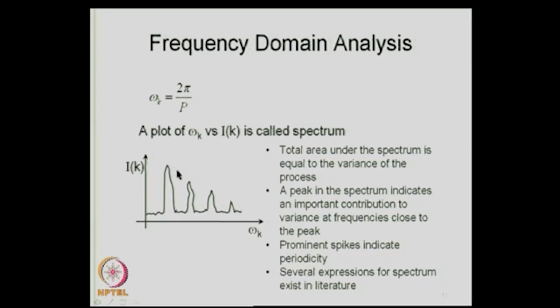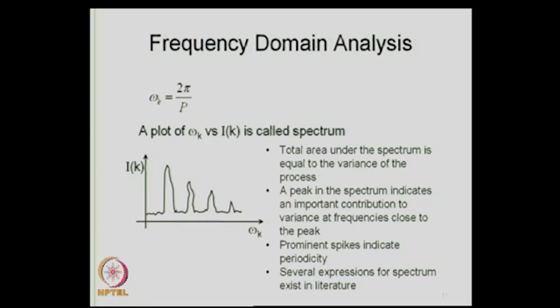The prominent spikes here indicate that there is a periodicity corresponding to the angular frequency that we are talking about. So, when you plot the spectrum, you capture these peaks, look at the omega k values, convert that into the periodicity, and that indicates that a periodicity corresponding to that particular time exists in the data.